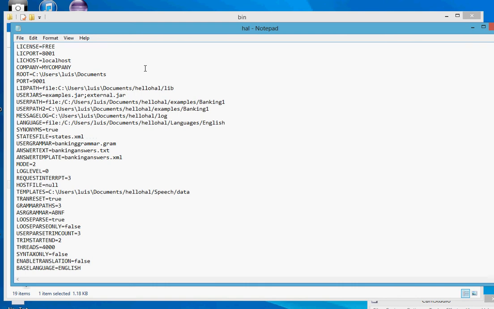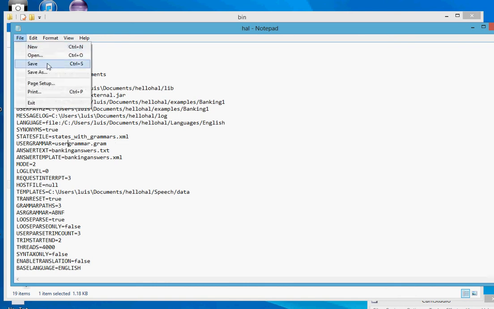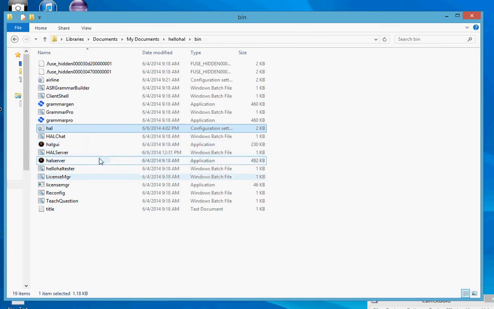One is called states with grammars, and the other one is called user grammar. I'm going to save it, close it, and now I'm going to start the HAL server.